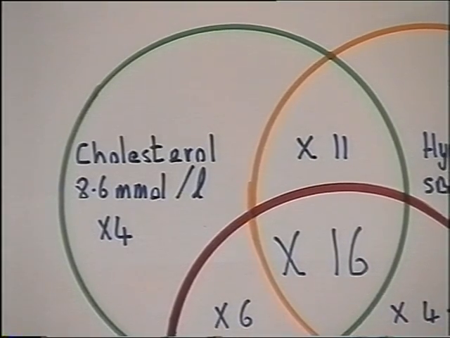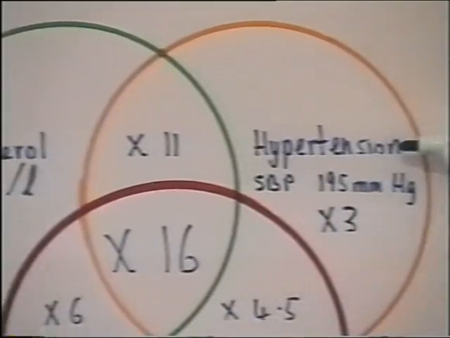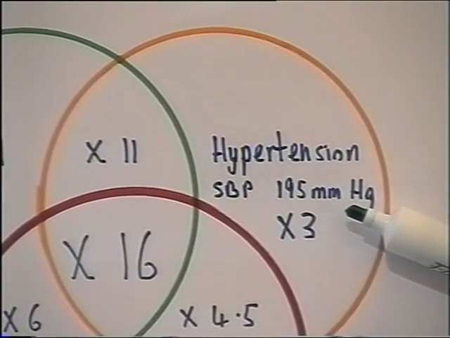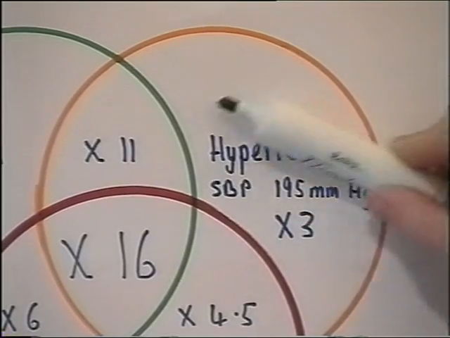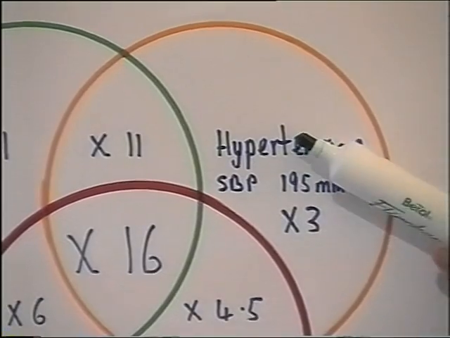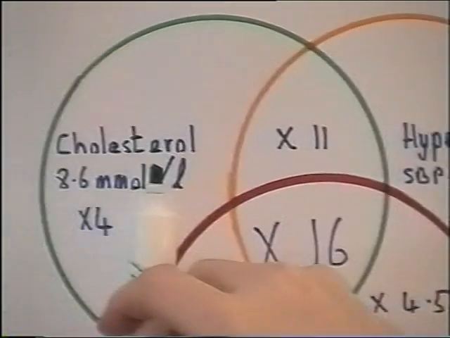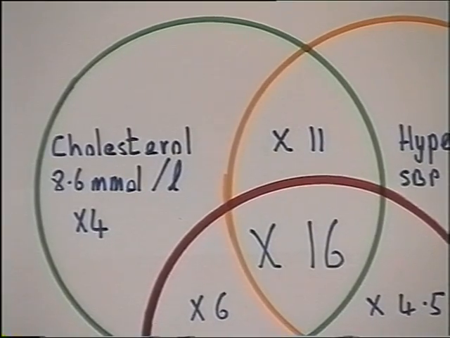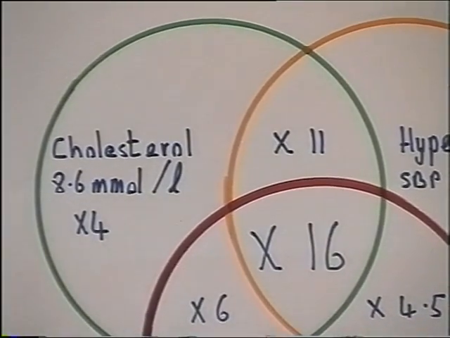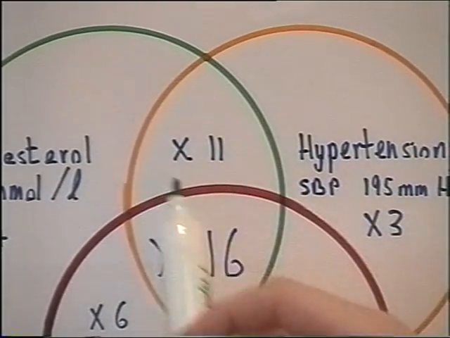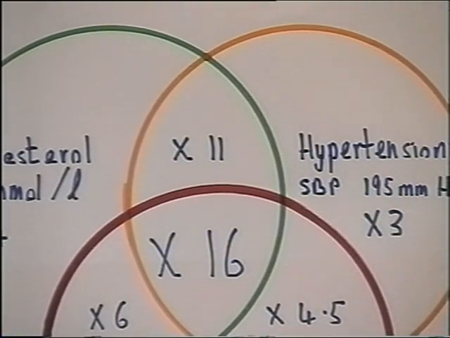If a person has got hypertension, a systolic blood pressure of 195 millimeters of mercury, their risk of developing coronary heart disease will be 3 times greater. But if someone's got hypertension and hypercholesterolemia, while each risk factor on their own is 4 and 3, if you've got both factors, the risk goes up to times 11. They'd be 11 times more likely to develop coronary heart disease.